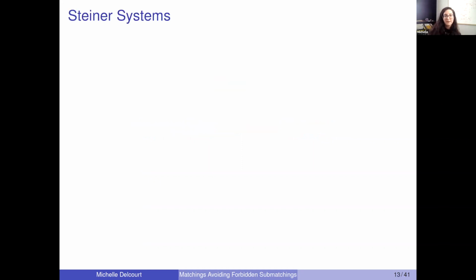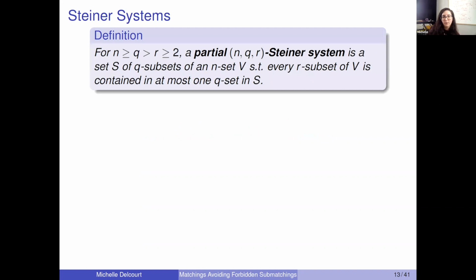So what do I mean by a Steiner system? Well, we're going to say that an (N,Q,R) system is a collection of Q-element subsets from some N-element ground set with the property that every R-element subset lives in at most one of our Q-element subsets. It's a bit of a mouthful.